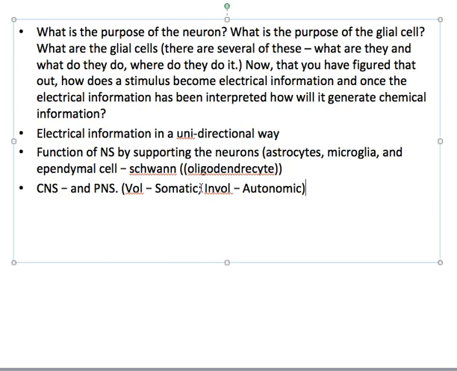I don't want to spend too much time separating this out for you right now, but in your review, make sure you can think about the human body in terms of here's the spinal cord and the brain, and that's our central nervous system. The nerves that travel into it and out of it are all part of your peripheral nervous system, right?